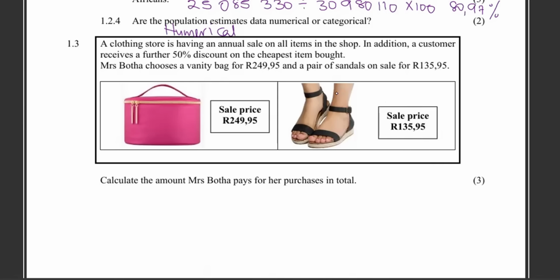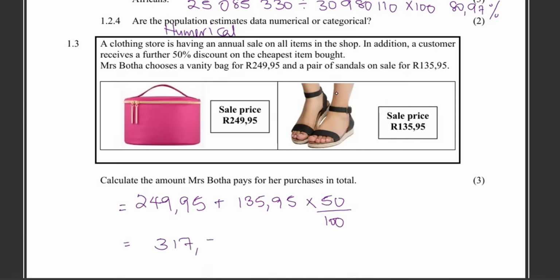So remember, she will pay the 249.95 plus. But this one here, because it's the cheapest, they get 50% off. So in other words, put that in the calculator, and your answer will become 317 rand 93 cents.